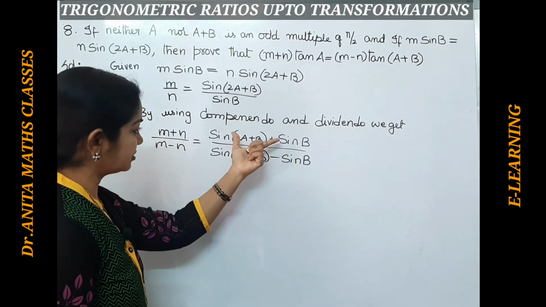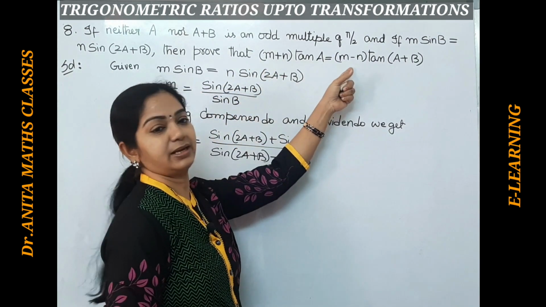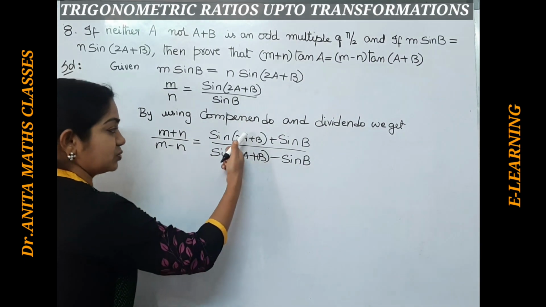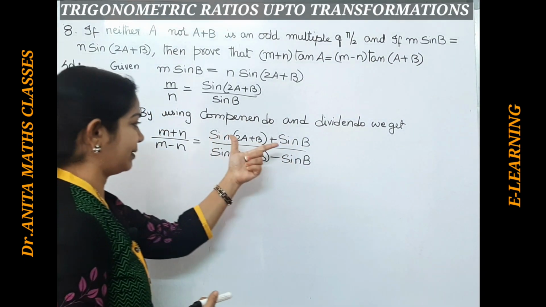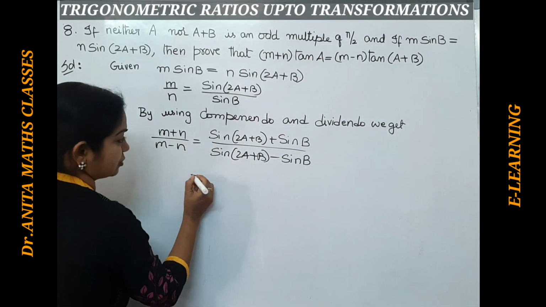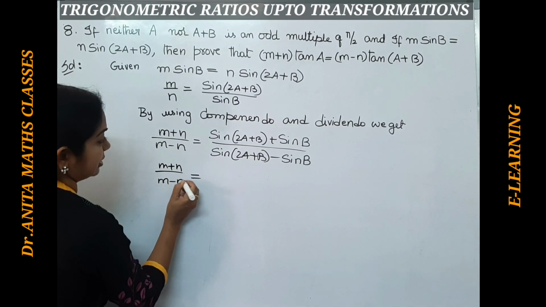Now, here m minus n and m plus n are there, but we have tan. So we can reduce these into transformation formulas. These are the sum formulas, and we will reduce them into product formulas.